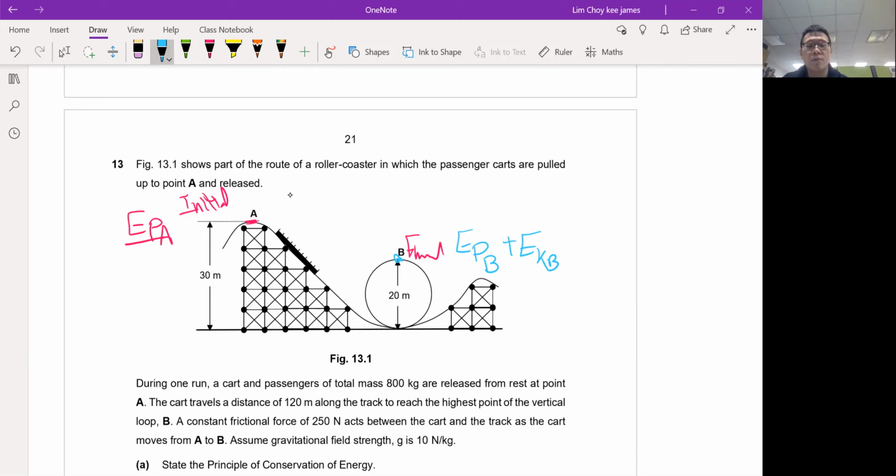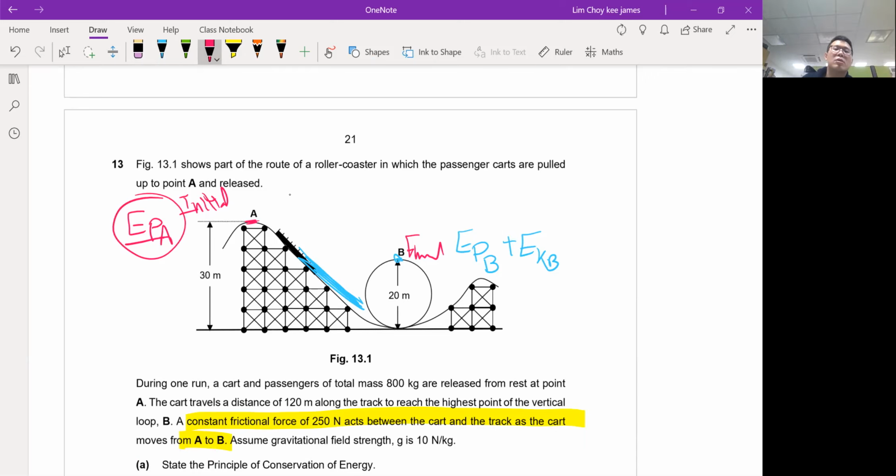On top of that, for the energy to convert from initial to final, based on the question there is actually frictional loss. There is friction along the track from A to B, which means there are losses here. So at initial, the energy EPA is the only form of energy.